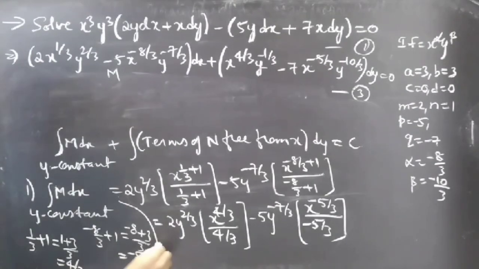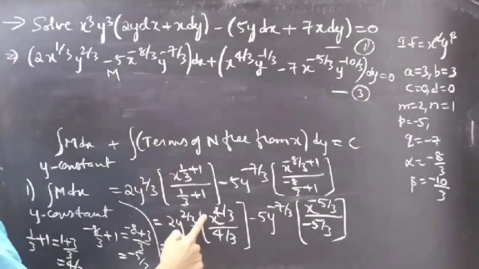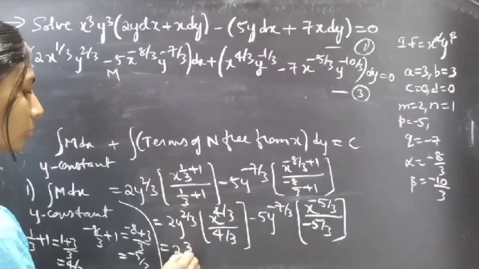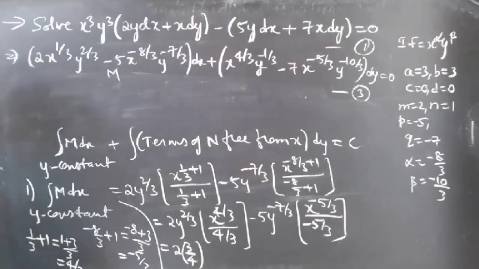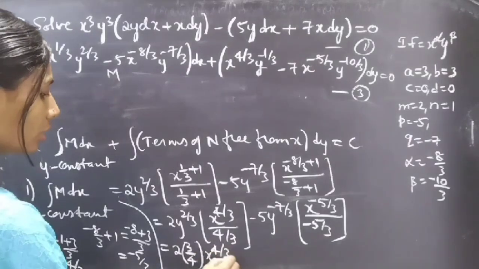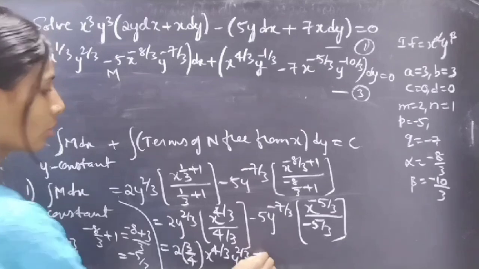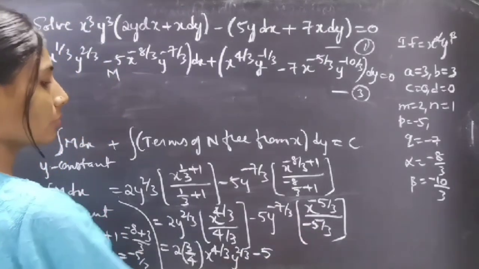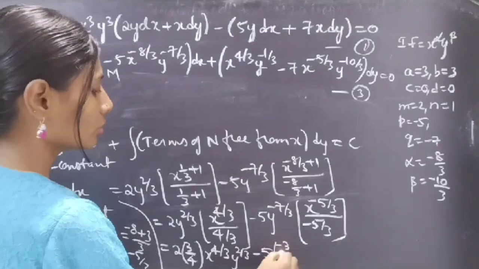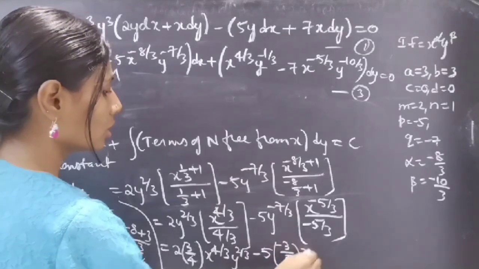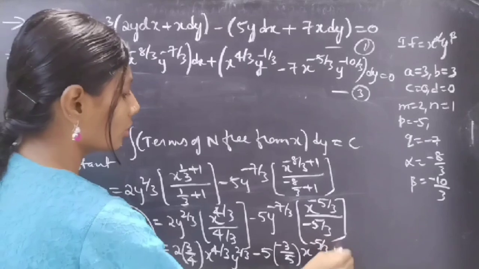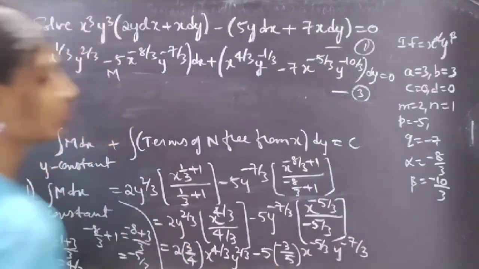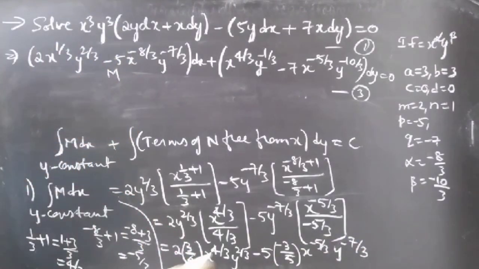So we can write this as 2 into the reciprocal of 4 by 3, which is 3 by 4, into x power 4 by 3 y power 2 by 3, minus 5 into the reciprocal of minus 5 by 3, which is minus 3 by 5, into x power minus 5 by 3 y power minus 7 by 3. Okay, so here this 5 gets cancelled.